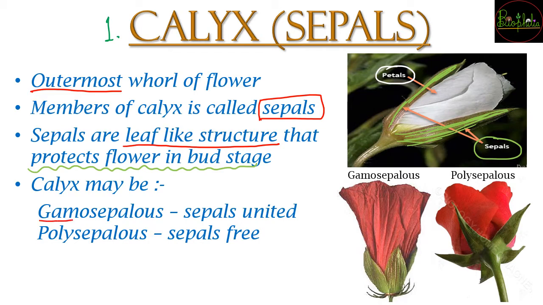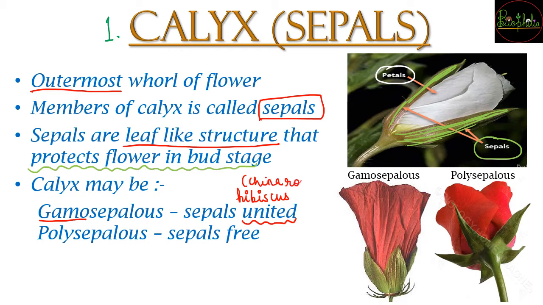Gamosepalous means that the members of the calyx are going to be united. They are fixed, or you can say they are connected to each other. You can see that in the case of shoe flower, or hibiscus, which is also called China rose.